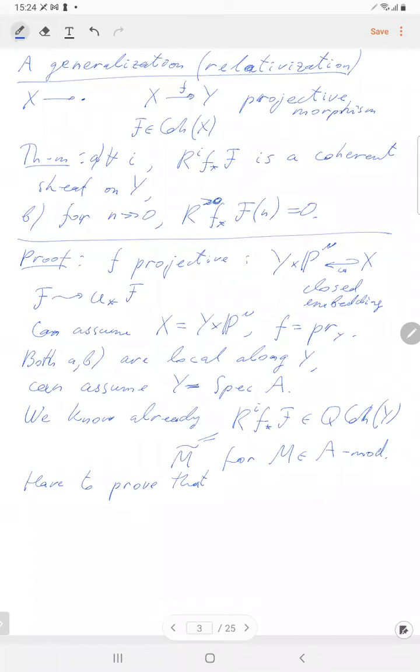Thank you. So I have to prove that M is finitely generated.